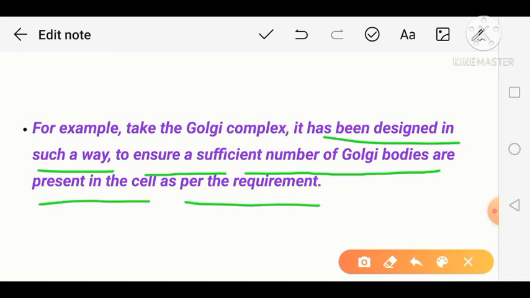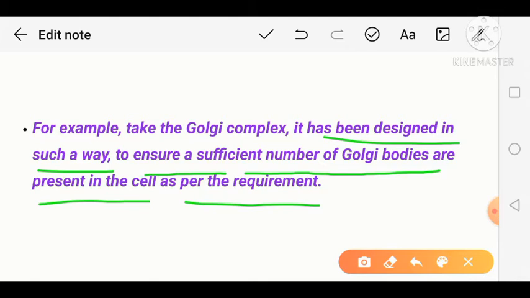As I told you, the Golgi complex comprises cisternae, and their number varies from cell to cell, depending on the requirement of the particular cell.